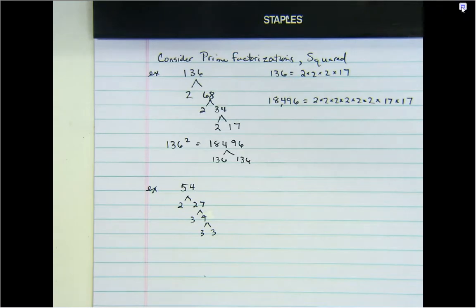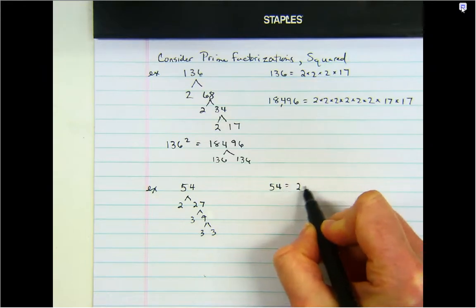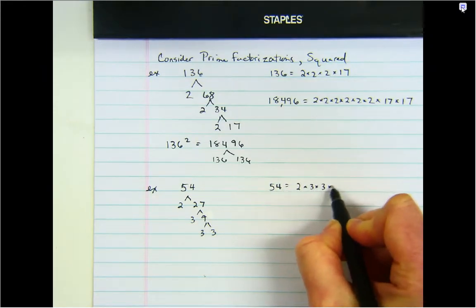So 54 is even, so you could divide a 2 out. It's 2 times 27. And 27 is divisible by 3, 3 times 9. And 9 is 3 times 3. So 54 is 2 times 3 times 3 times 3.